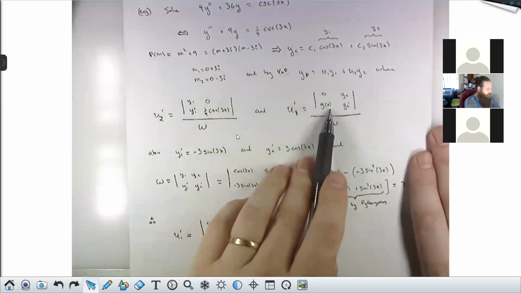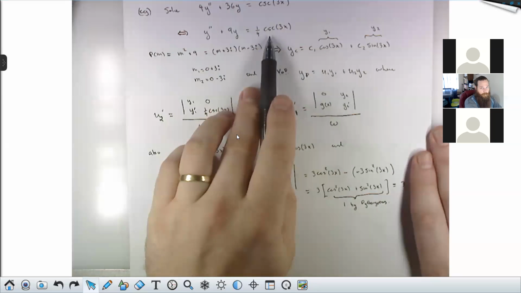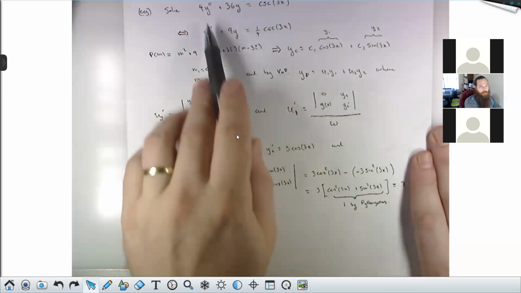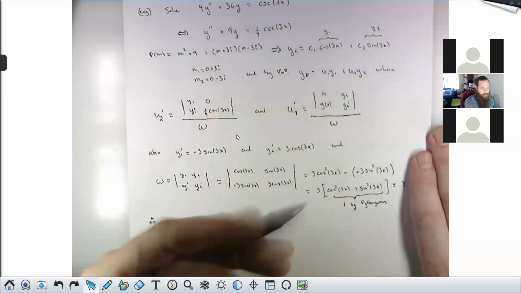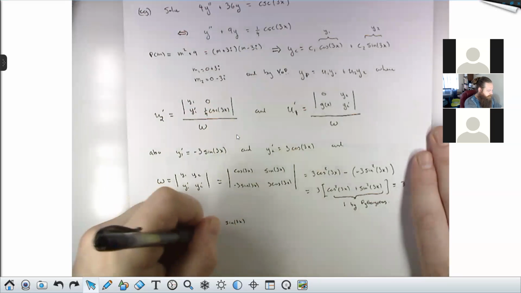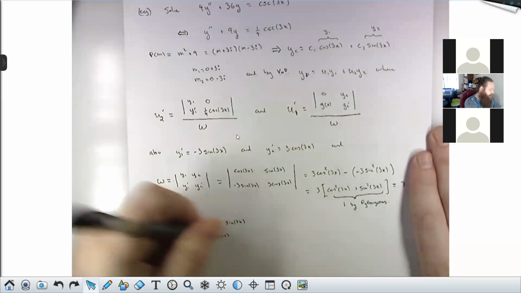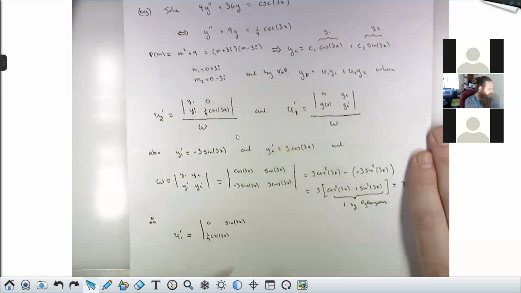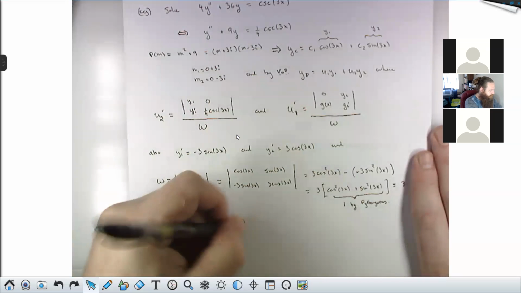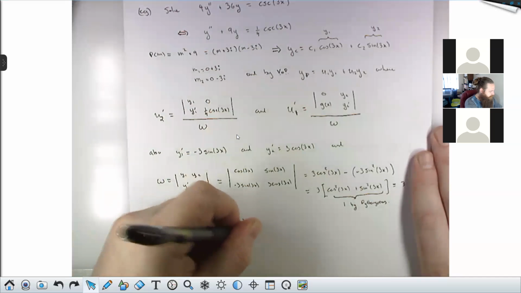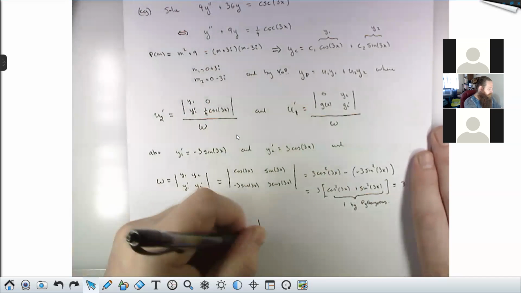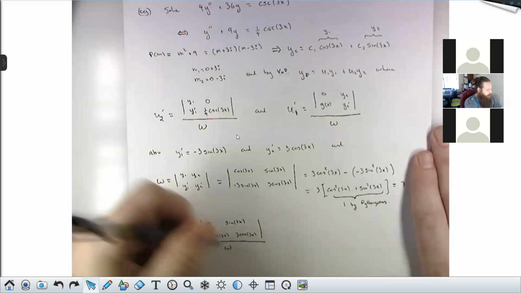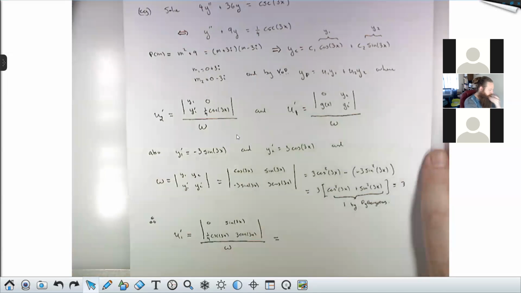G of x is the first entry for my second row, which is the right-hand side after putting in standard form, dividing through by the lead term, 1/4 cosecant 3x. And then the second column, second row entry in u1 is y2 prime, which is 3 cos 3x. All of this divided by w, which we know is 3.